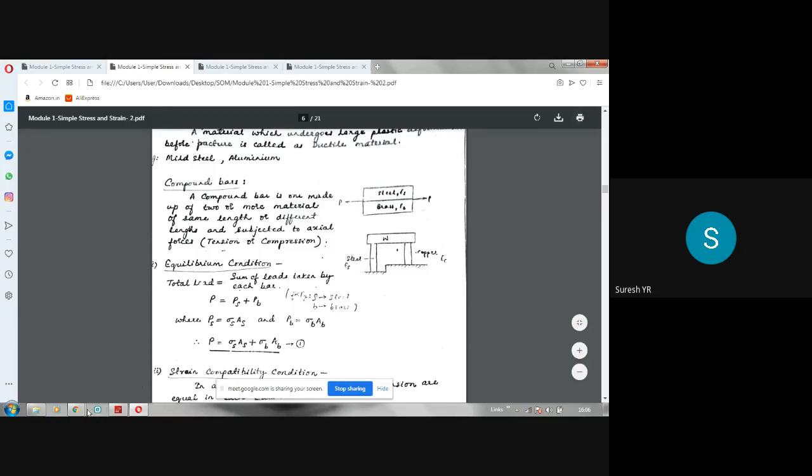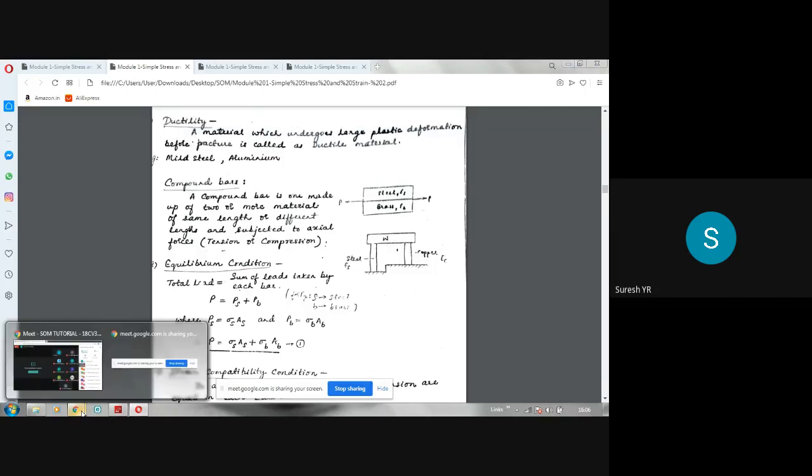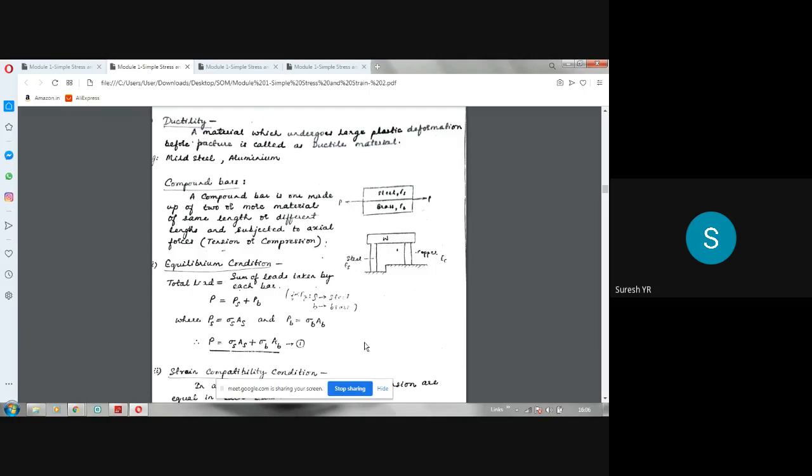In the case of composite bars, we have to use two important conditions. One is called the equilibrium condition. According to the equilibrium condition, whatever total force is acting on the system is shared by the two, or three, bars, whatever it is. Here I have taken steel and brass.